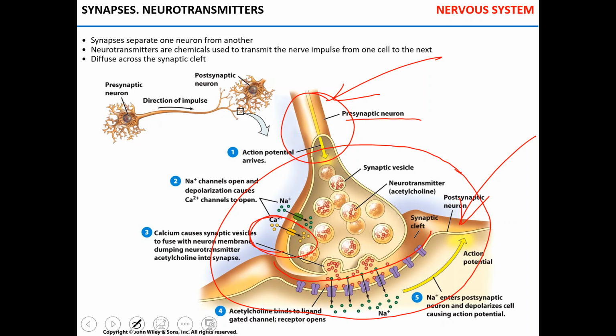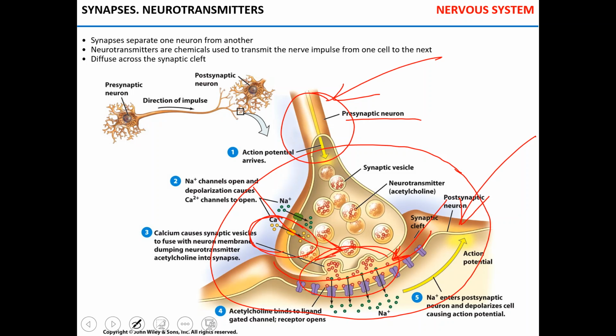Here you can see calcium channels being open. Since calcium's concentration outside of the cell is higher than inside of the cell, calcium flows into the presynaptic terminal of the neuron, and that calcium influx leads to the release of neurotransmitter from the presynaptic terminal into the cleft. You can see it's being released into the cleft.